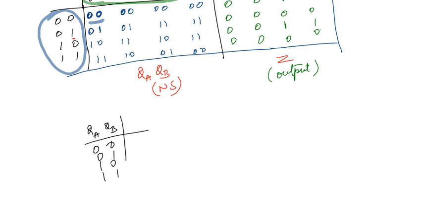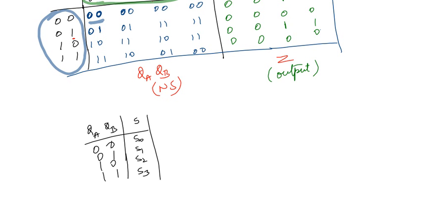Further, for QA QB 0 0, 0 1, 1 0, 1 1, I am going to assign the state values S0, S1, S2, S3.